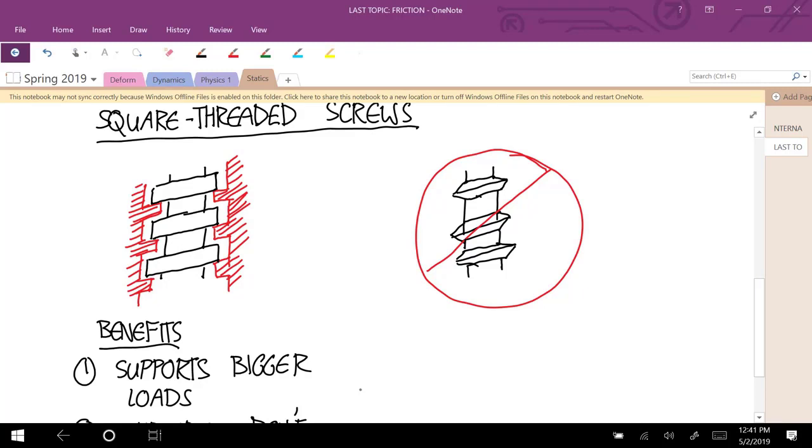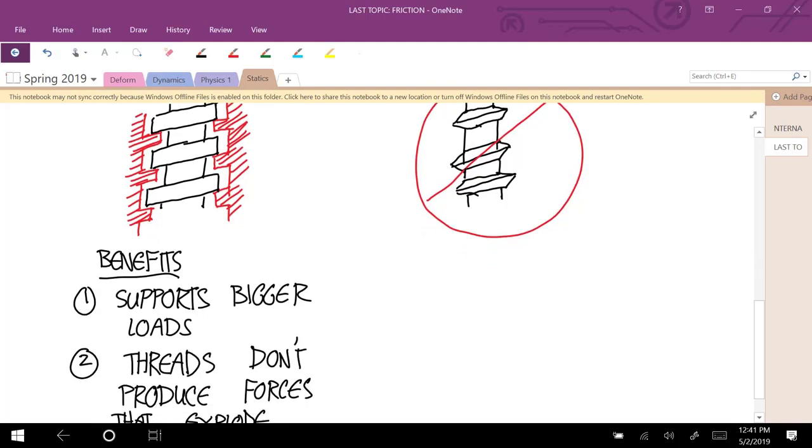Yeah, right. So why would you ever use these standard ones? They're just cheaper and easier to make.